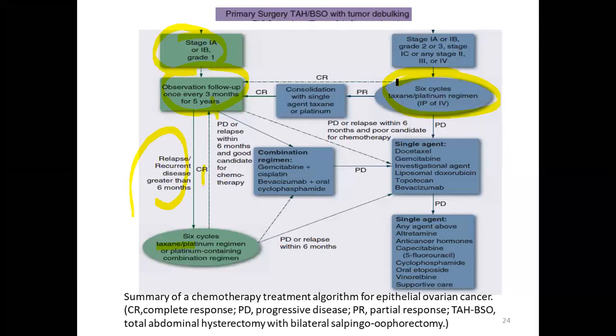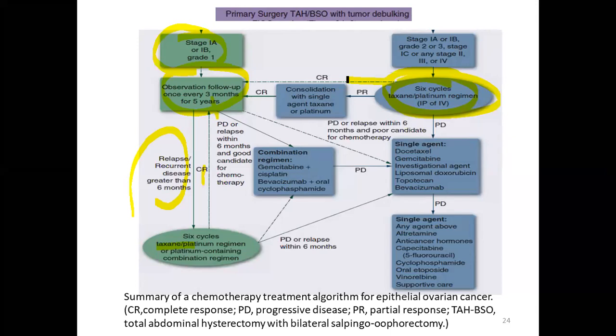That is when we call it partial response. Now you have to consider consolidation therapy with a single agent, taxane or platinum, or a combination. Then if the response is complete, you follow them every 3 months. If the response is complete with these treatment modalities, you just follow the same protocol.